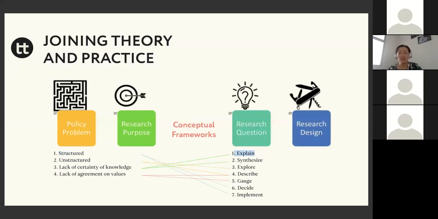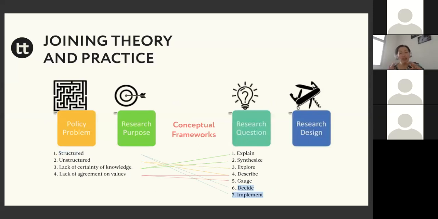They didn't need to synthesize any knowledge about the negative effects of lack of vaccines in certain countries. They really needed to help the policymakers decide and implement. And that is why they focus mostly around the issue of costs, of financing, of really, these are the decisions that we need to make for this idea to work.